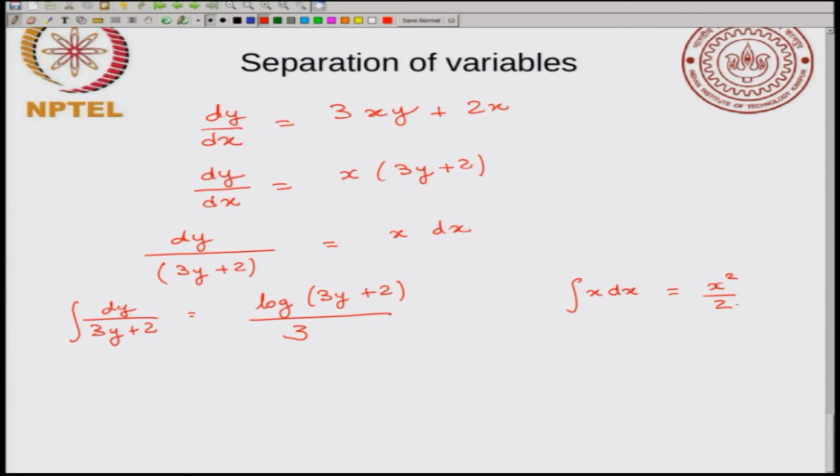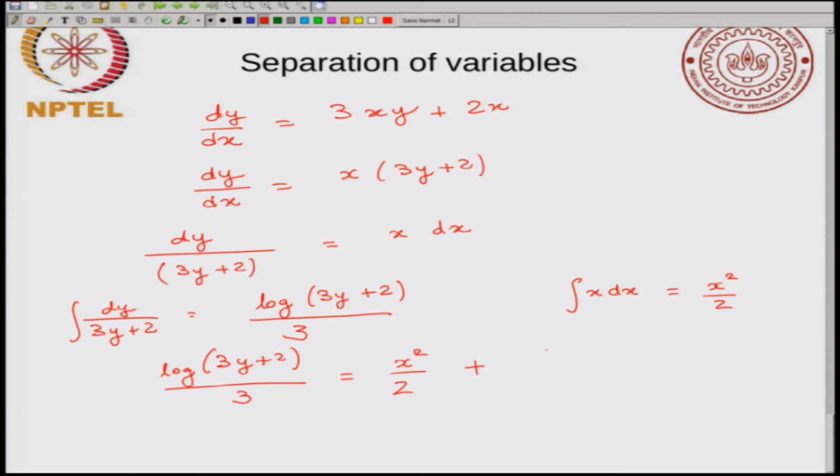If I integrate both sides, I will get log of (3y plus 2) divided by 3 is equal to x square by 2. Now you can always add an arbitrary constant of integration, because if you take the derivative of a constant, you get 0.